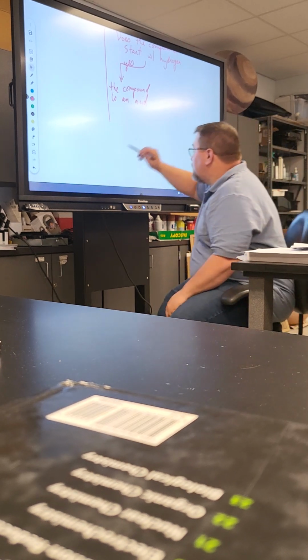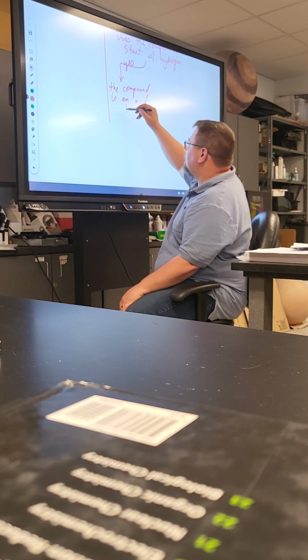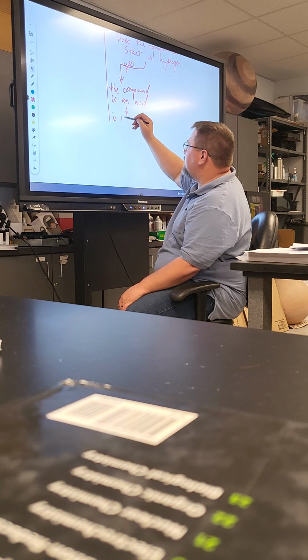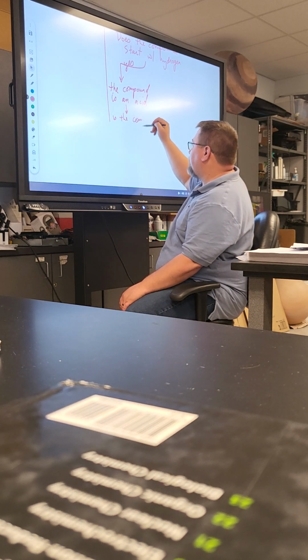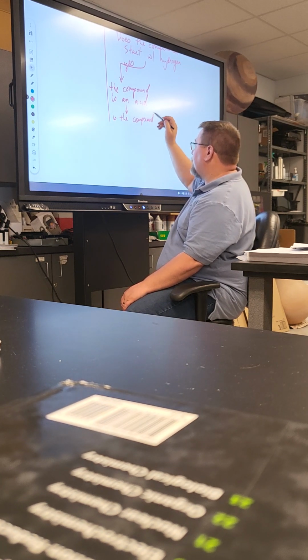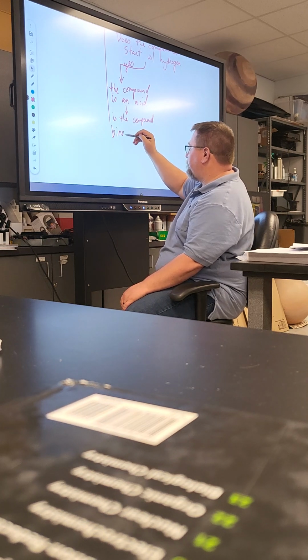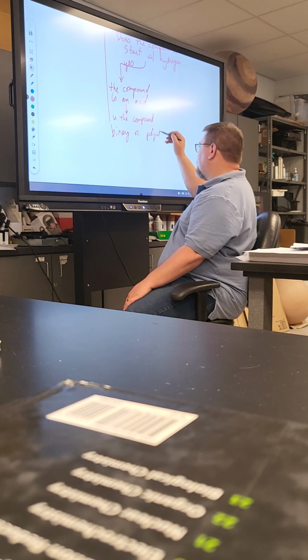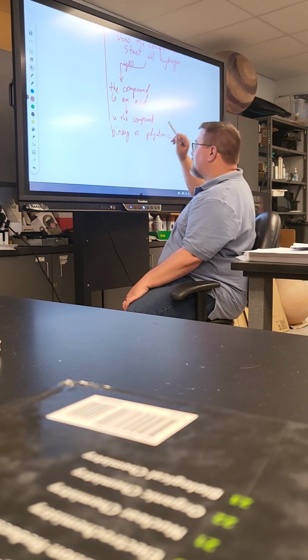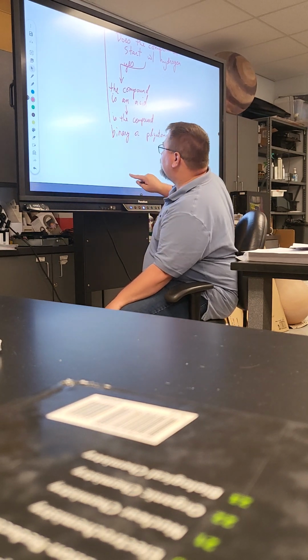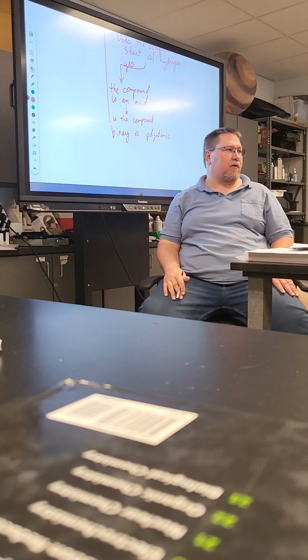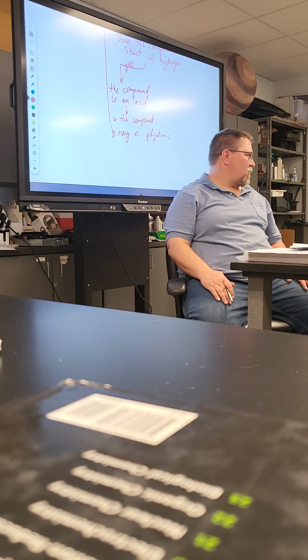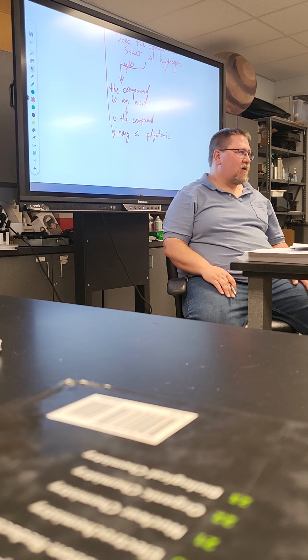Now, once you know it's an acid, the next question is: is the compound binary or polyatomic? Now, this polyatomic goes right back to the ones you've already learned, and it works that way because, like I said, acids are kind of ionic.